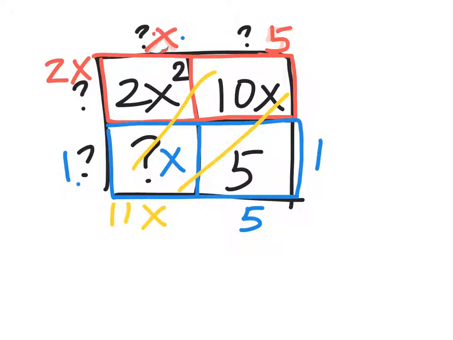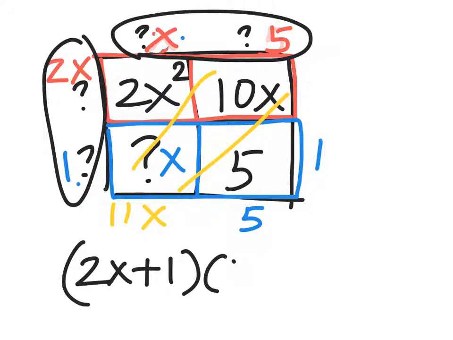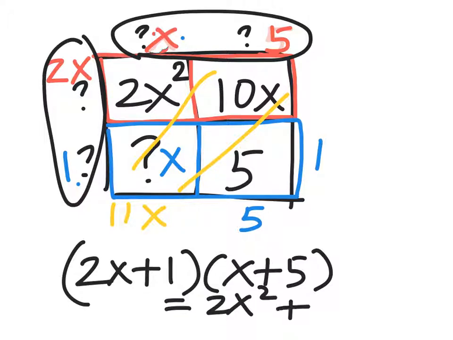Let's take a look at how we're going to write this whole thing together. We're going to have this dimension, which is 2x plus 1, and the other dimension, which is x plus 5, and the result is going to be 2x squared plus 11x plus 5.